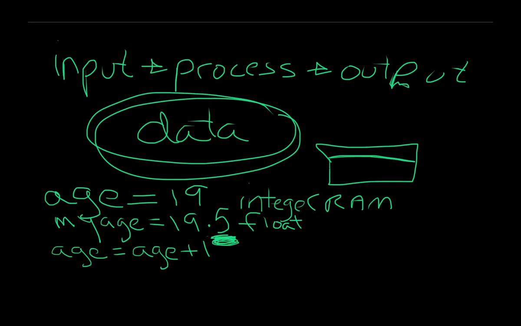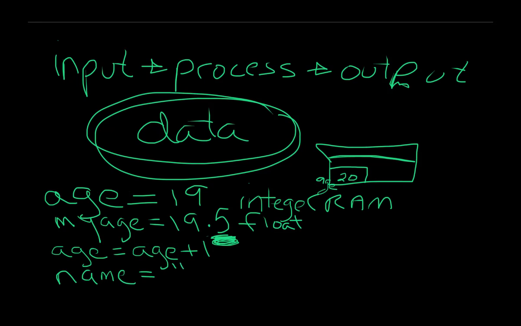So if we could look on our RAM, and it's not exactly stored like this, this is just sort of a representation, but we've got the label of age, and it started out with the value of 19, but now the value of 20 is stored there. So we can do mathematical calculations with integers and with floats, but strings, on the other hand, are just characters. We don't add and subtract these. They can include numbers, but we're not going to do calculations with these.